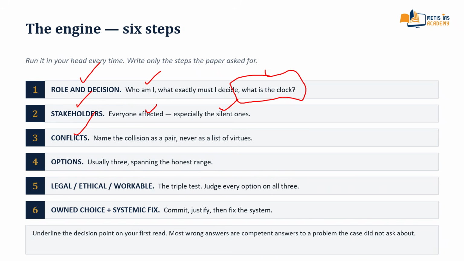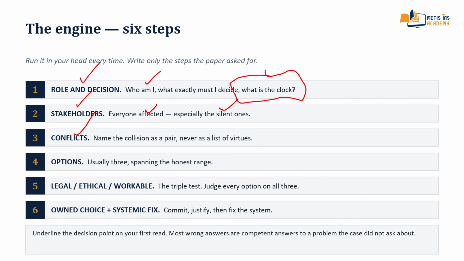Those are things you are in favor of. Strong answers name the collision: duty to act on credible evidence against the risk of becoming an instrument of partisan politics, legality against compassion, public interest against career safety, immediate relief against procedural correctness.